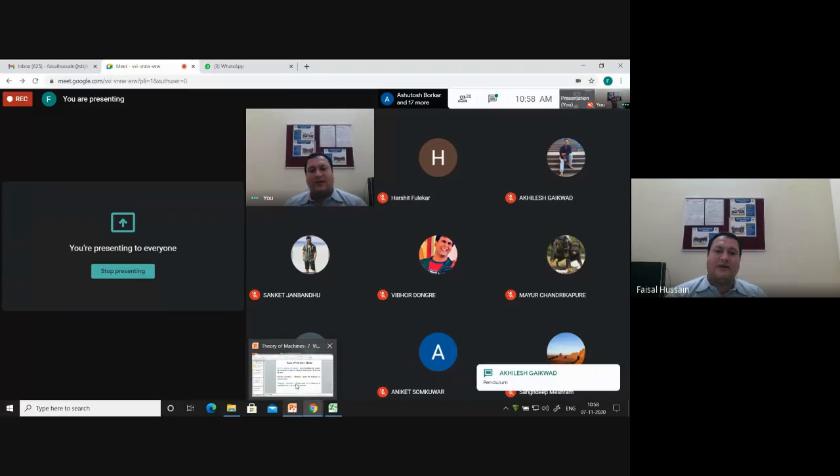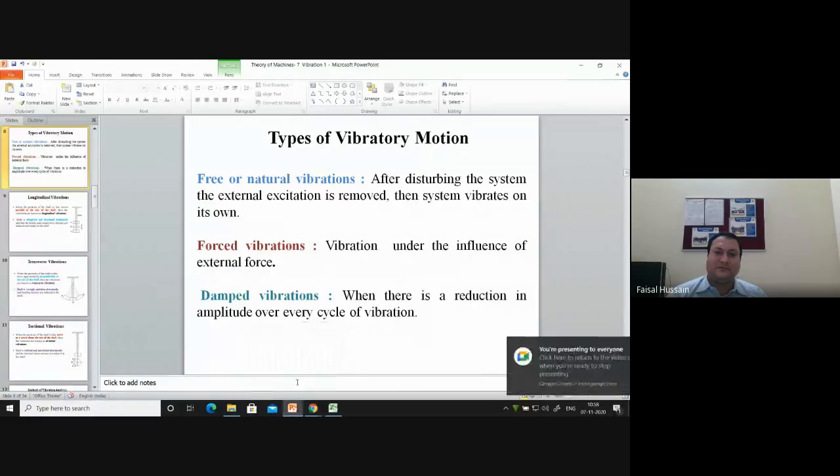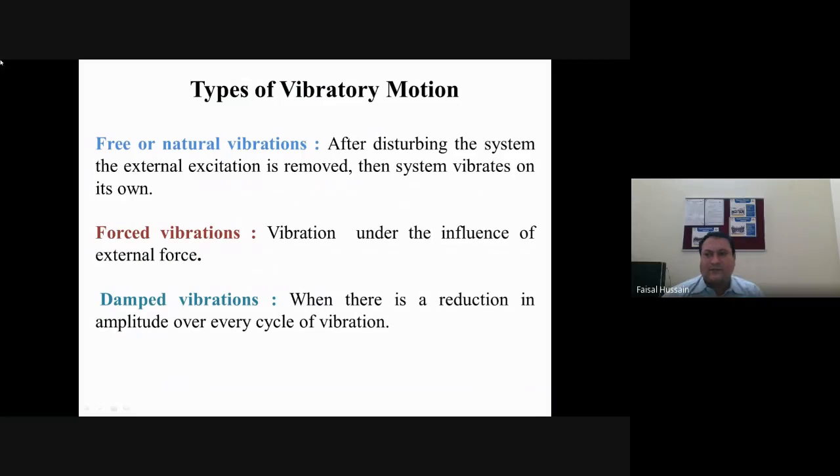Now, for example, generally in dynamics of machine, there is a practical of spring mass system. You have performed that practical, and in that spring mass system, a spring is attached on a bracket, a vertical spring.